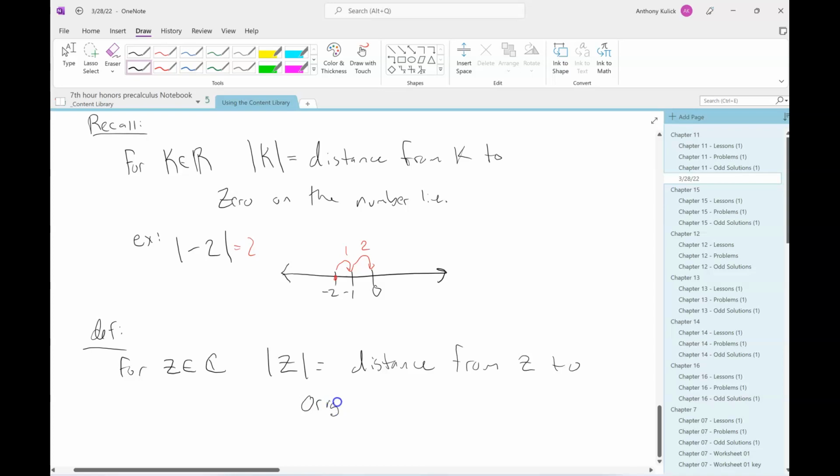Great. So the origin on the complex plane. Now, just for clarification purposes, the origin on the complex plane is still the number 0, right? It represents 0 plus 0i, which is still just 0. So you could say 0 there instead of origin. That's okay also.